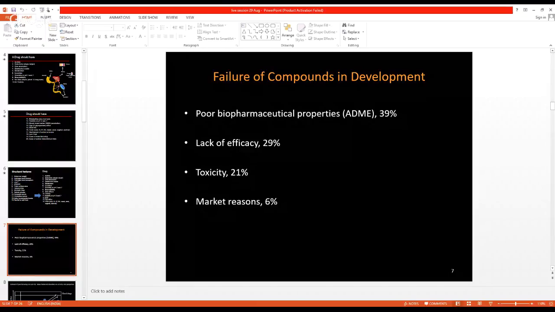You may find a nice compound in your lab. We will call it a lead molecule, or a hit molecule, but then it's got completely poor properties. Then we have a good drug: good ligand, good properties, so it can be a good drug. A little bit poor activity, but the properties are good.